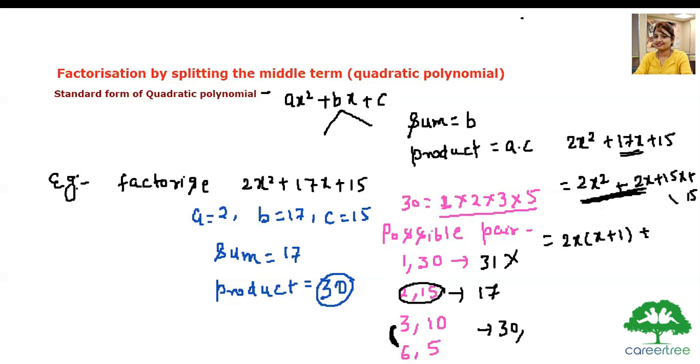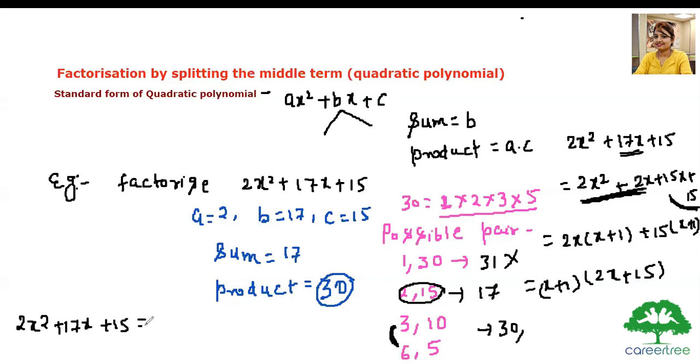From the other two terms, we can take 15 common, and it will be x plus 1. Again, this x plus 1 is common, so we can write it as 2x plus 15. So 2x square plus 17x plus 15 will be equal to x plus 1 into 2x plus 15.